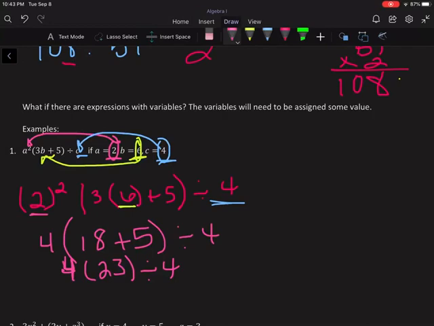This might be counterintuitive because we have 4 times 23 divided by 4. So if I multiply something by 4 and then divide something by 4, it obviously is the same thing, right? But if I did 23 times 4, I'd get 92.